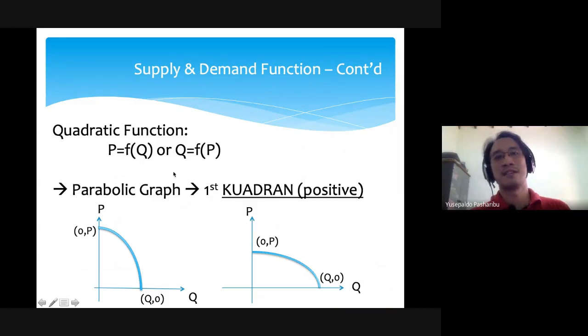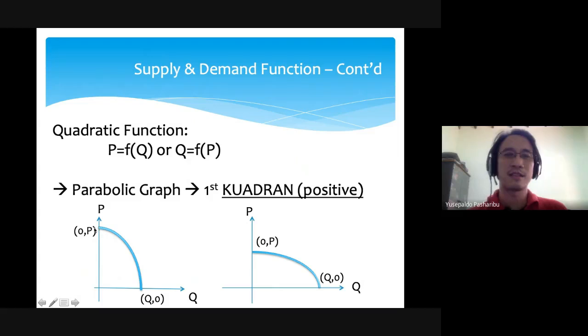Because this is already implemented in business and mathematics, the parabolic graph that will be used is in the first quadrant, or the positive side only. This is for both P function Q or Q function P. We use the positive side.